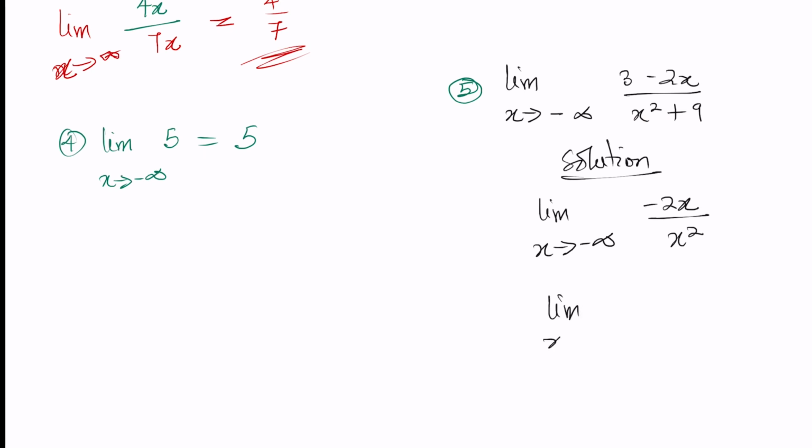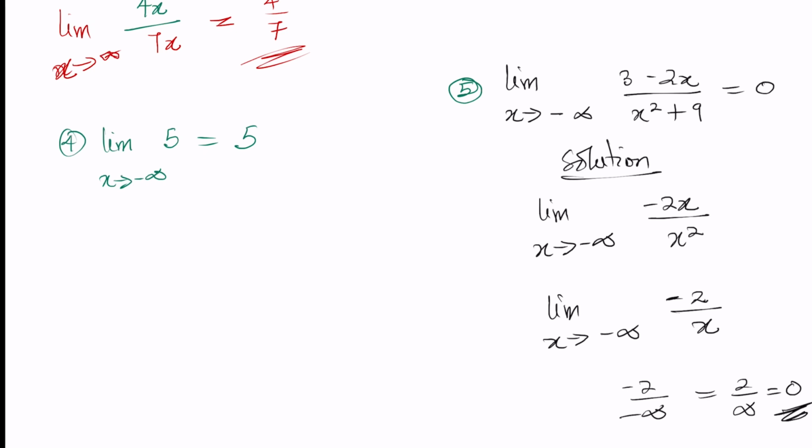So the limit as x approaches negative infinity simplifies to negative 2 divided by x. If we substitute negative infinity in place of x, this gives us negative 2 over negative infinity, which is 0. So the answer to this is 0.